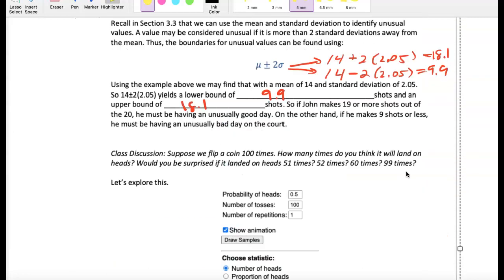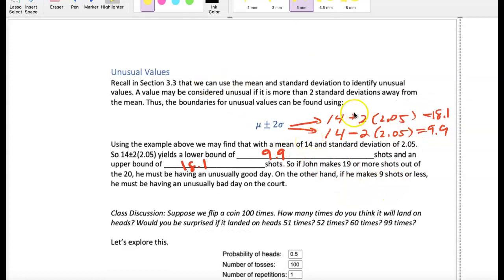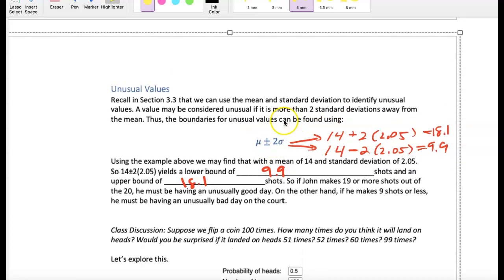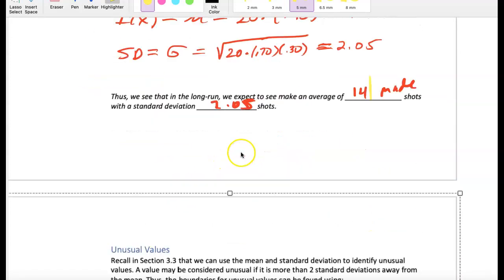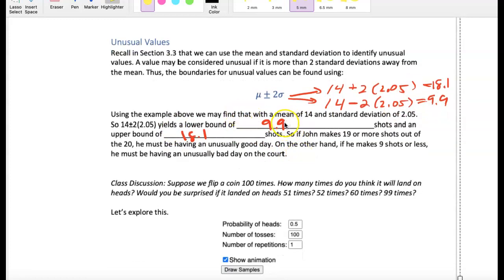Then we end this section on the question of what's unusual and what's likely, what do we expect? What we use is called the 2 standard deviation rule. Here's the formula: the mean plus or minus 2 standard deviations. Those values and that standard deviation give us some sense of likelihood, of what we would see.